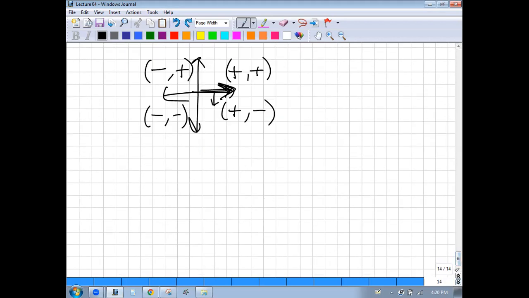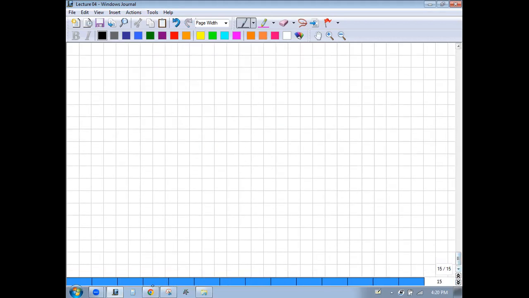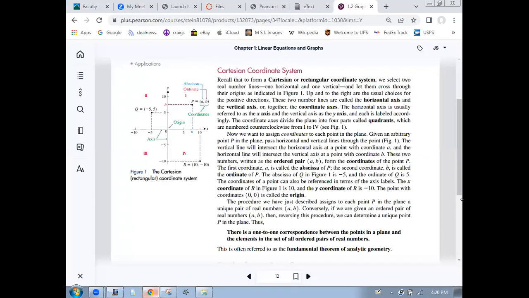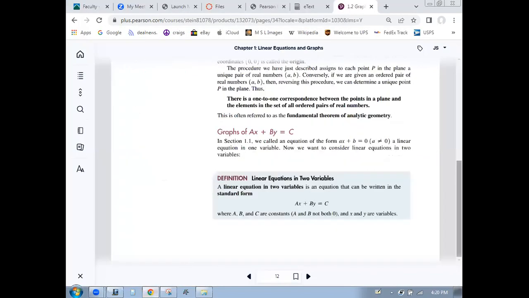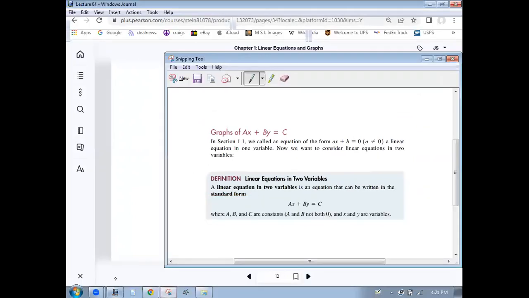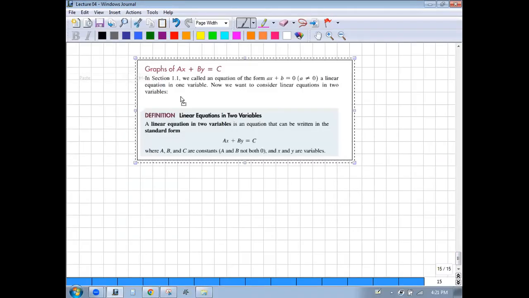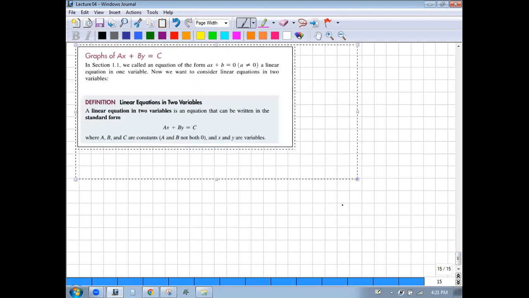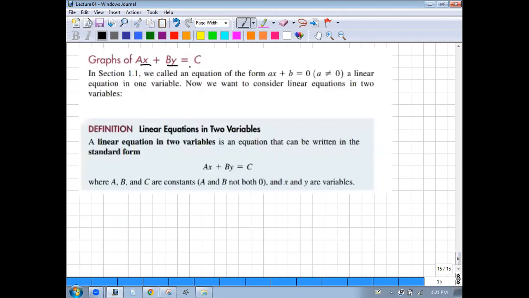So what we really want to be able to do here is graph stuff. We want to be able to graph functions. All right, so when they give us an equation that has not just X, but a Y, if there's 2 variables, when we solve this, we don't just end up with X equals 2 or X equals 3. If we have 2 variables, I have to give you 2 numbers for an answer, right?